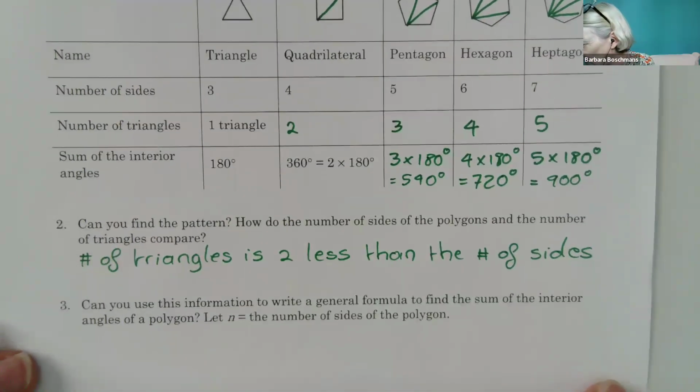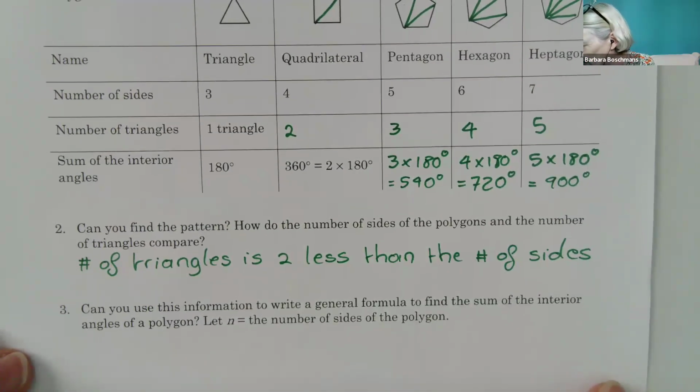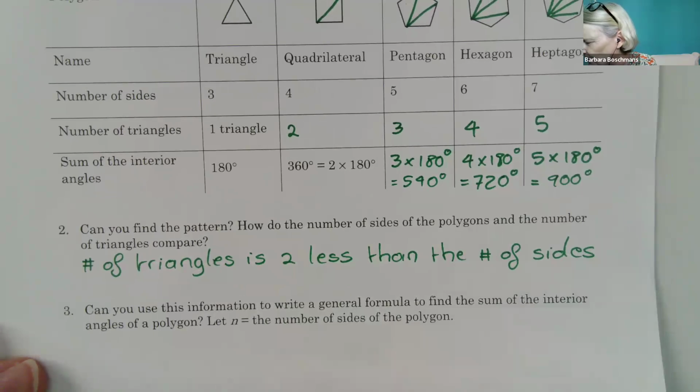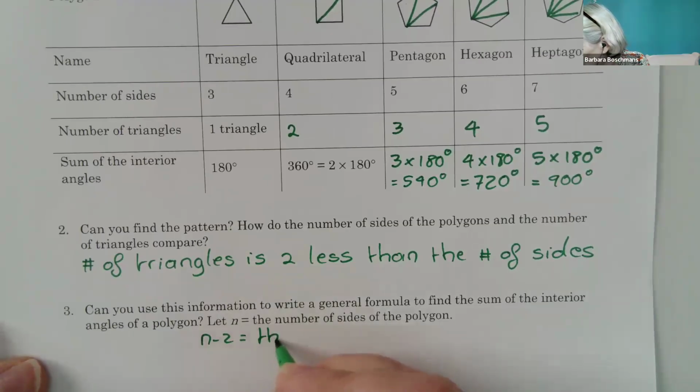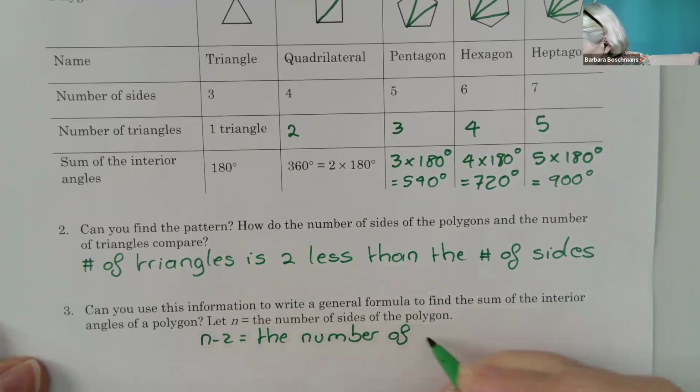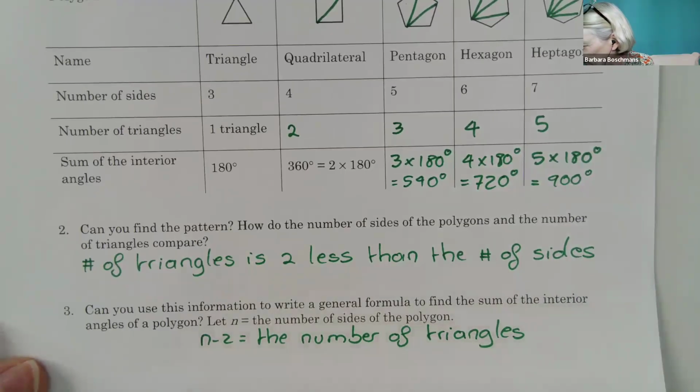Can I use that to write a general formula to find the sum of the interior angles of a polygon? Let n equal the number of sides. So if n is the number of sides, then n minus 2 is the number of triangles.